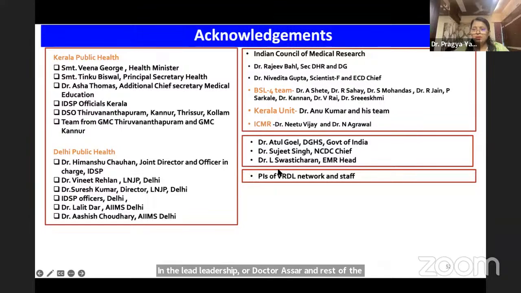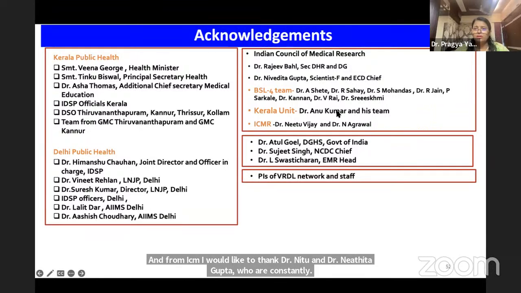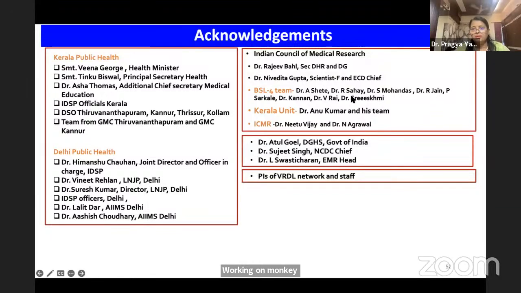And from ICMR, I would like to thank Dr. Neetu and Dr. Nivedita Gupta, who are constantly working on monkeypox, and the BSL-4 team, Dr. Anita Rima, and many others, and the leadership of ICMR, for all the support during different outbreak responses, whenever we receive and act when required. Thank you very much.